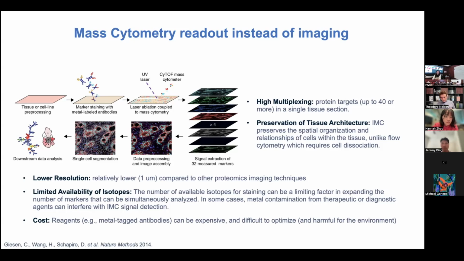The resolution cannot go lower than 1 micron, since we're using a laser to go through every single pixel. And lastly, there's the cost: some of the inert gases or metal-type antibodies can be expensive or very harmful to the environment, because we're essentially throwing them out after measuring them.